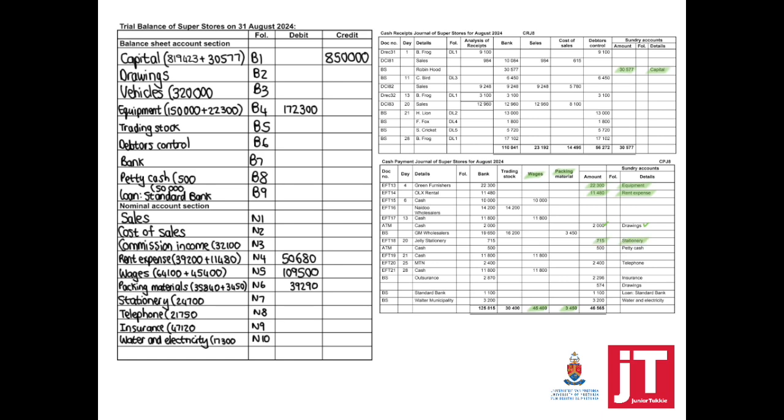Drawings, we've done the ledger account. Then we've got stationery, plus 715. Petty cash, plus 500. Telephone, plus 2,400. Insurance, plus 2,296.